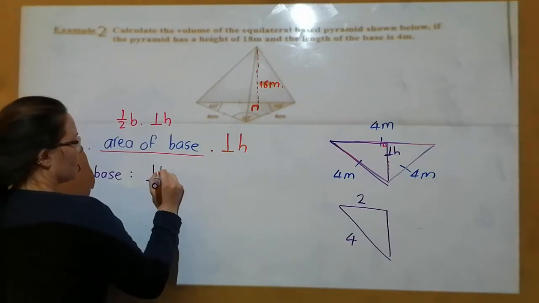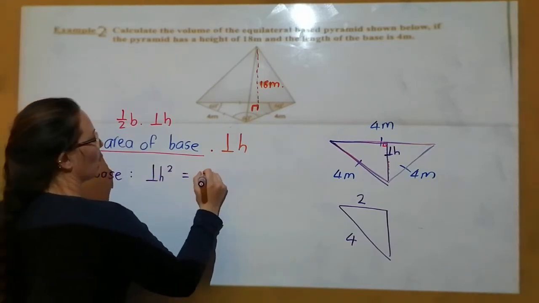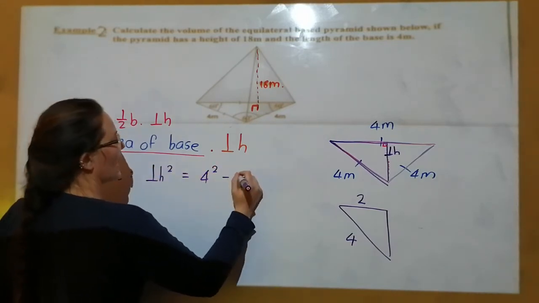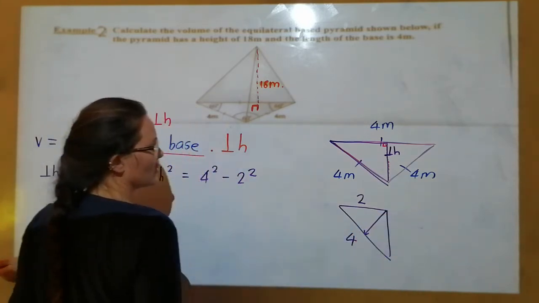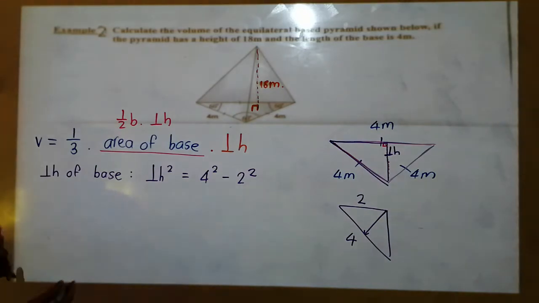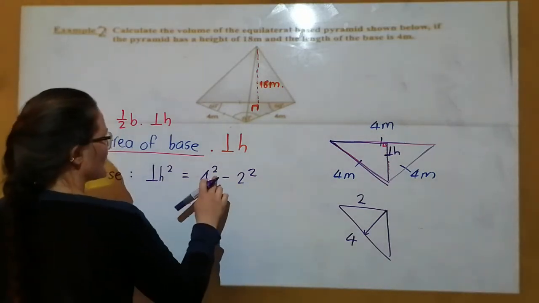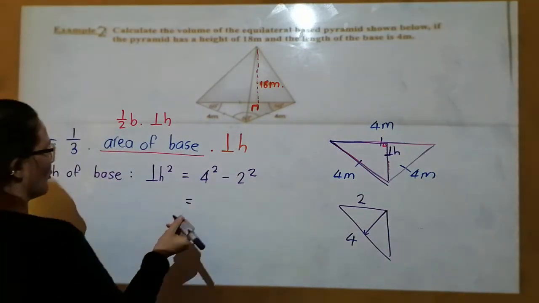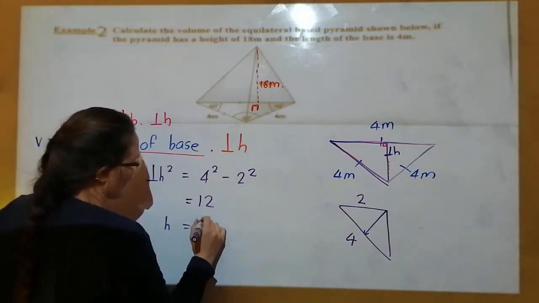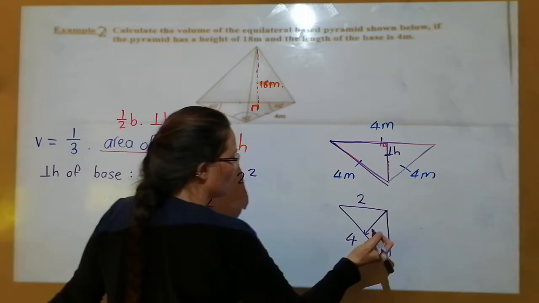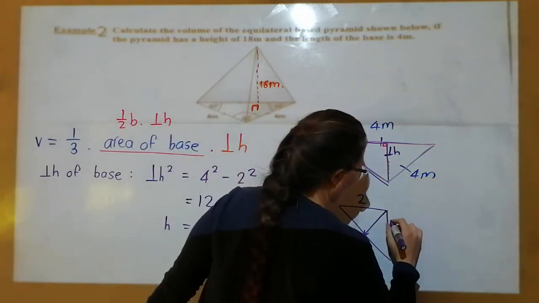The perpendicular height squared should equal 4 squared minus 2 squared, because I've got my hypotenuse, so I must be subtracting. 4 squared is 16, 16 minus 4 is 12, and the last step is to square root, and I'm going to leave it in surd form, which I should actually do always.